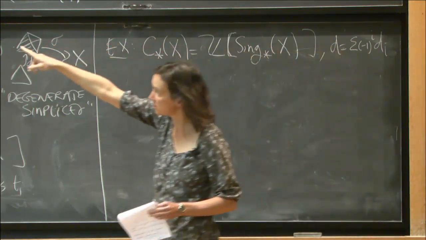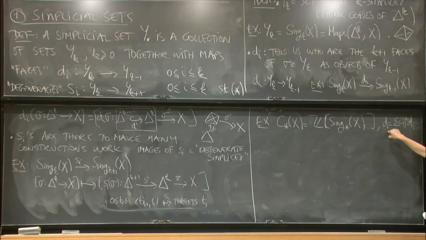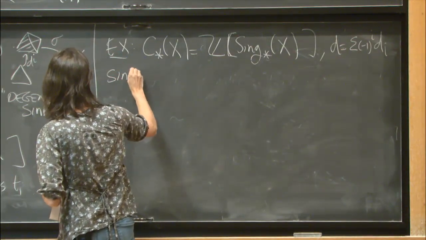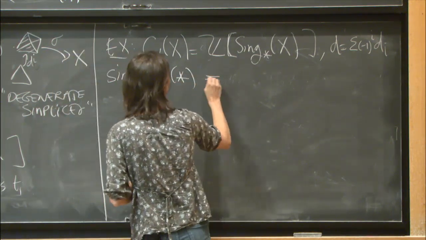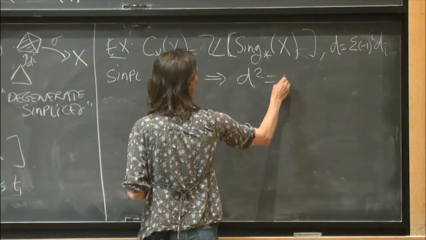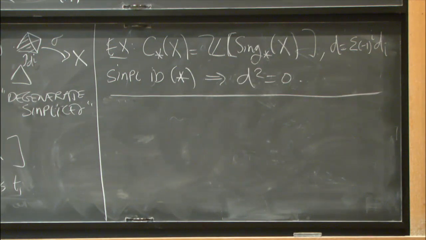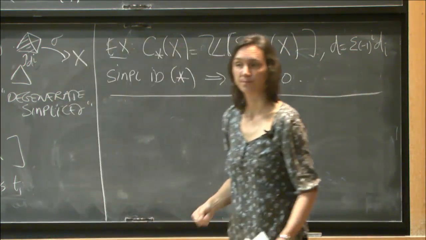The simplicial identities for the d_i's imply that d squared is equal to 0. So this is how these things fit together.